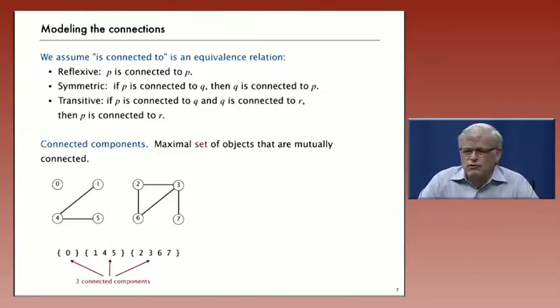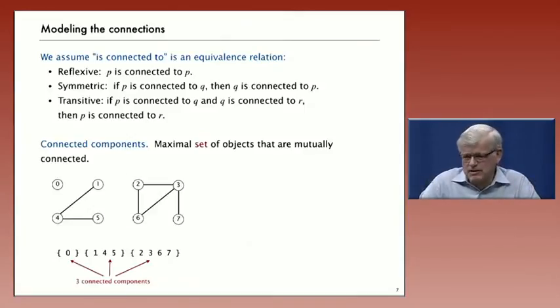When we have an equivalence relation, a set of objects and connections divide into subsets called connected components. A connected component is a maximal set of objects that's mutually connected. For example, in this small example here, there's 3 connected components. One consisting of just object 0, the second one objects 1, 4, and 5, and third one the other 4 objects.